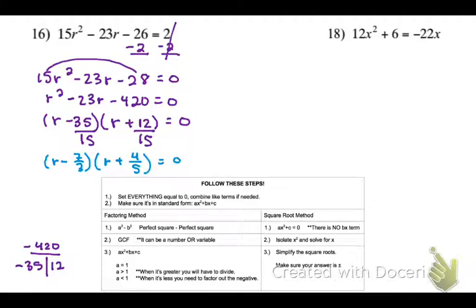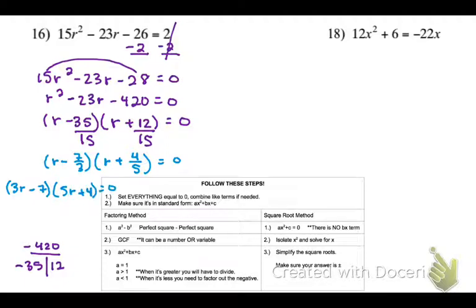Okay, so once you've simplified them, notice how from here I simplified first. Now I'm going to cancel out these fractions. So I'm going to multiply this one by 3, because that's my denominator. I'm going to multiply the second one by 5 because that's my denominator. So these are my new two factors. So it's going to be 3r minus 7 and 5r plus 4.